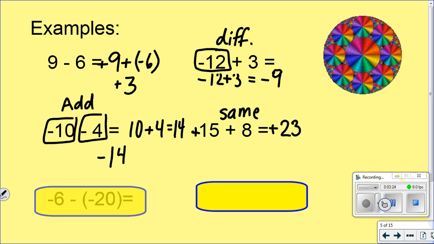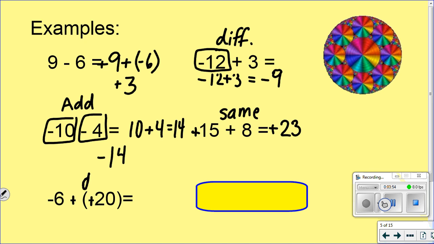Let's just do a couple more. Negative 6 minus negative 20. Here I'm going to remind you of a rule you've probably heard before. Minus a negative, so negative 6 minus negative 20 is the same thing as plus positive. Remember, minus negative is the same thing as plus positive. So whenever you see those two negatives that look like they're together, you can change that to plus positive.